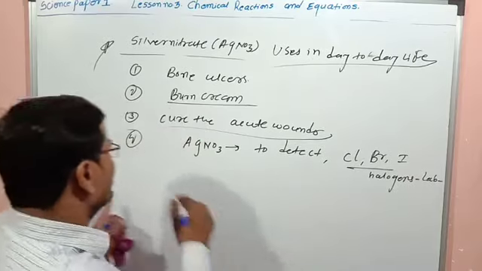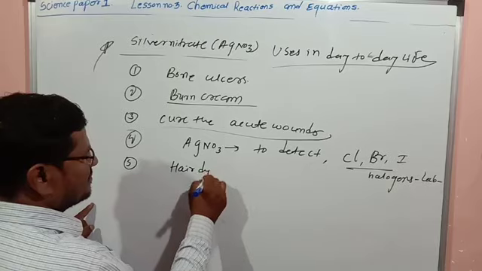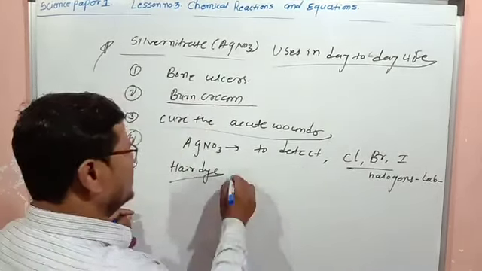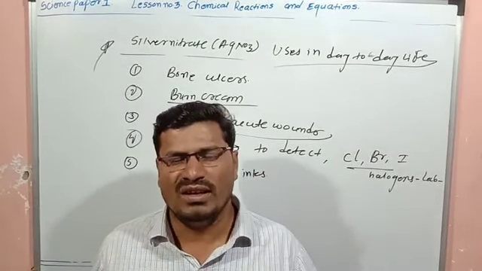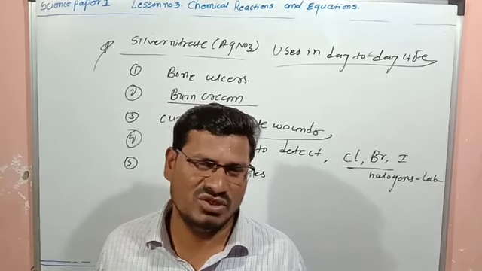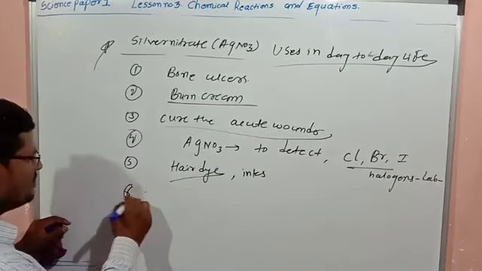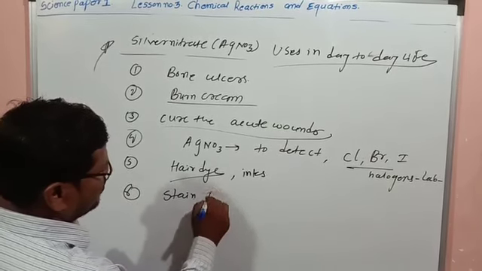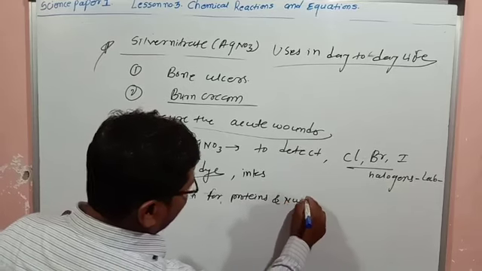Also, silver nitrate is used in hair dye, as well as in inks. And last, it is used as a stain for proteins and nucleic acids.